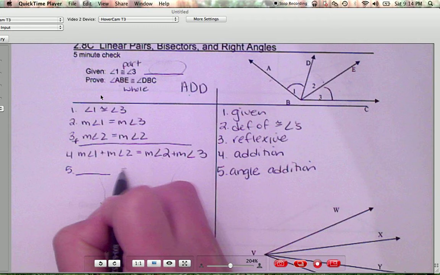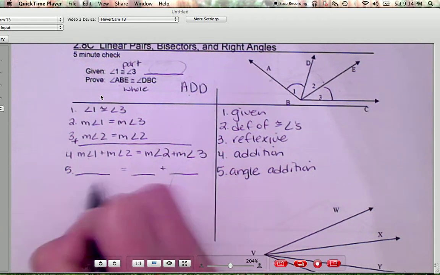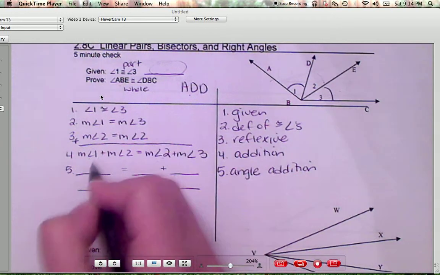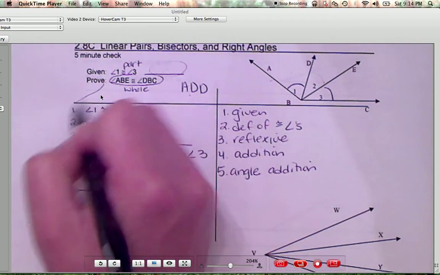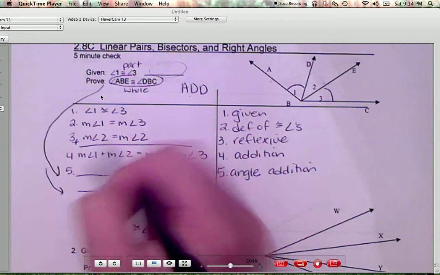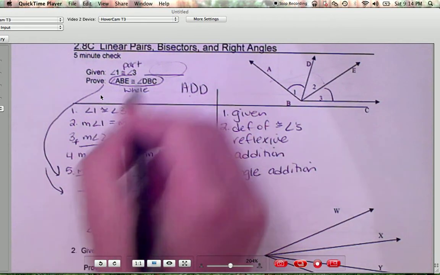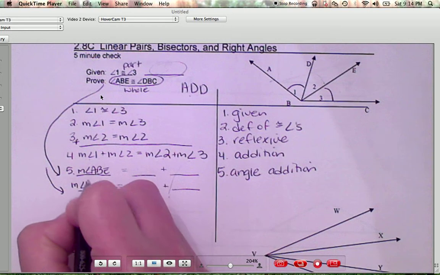So whole equals part plus part, whole equals part plus part, and our two wholes are these two wholes we labeled right here. So they go here and here: the measure of angle ABE and the measure of angle DBC.